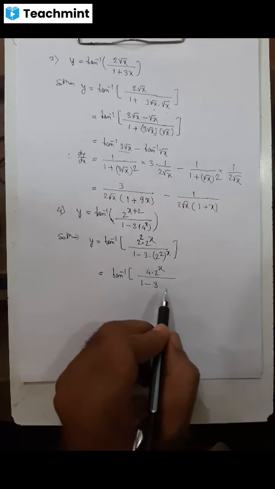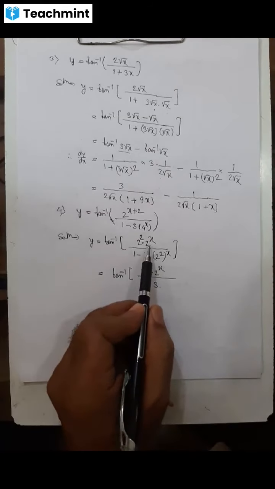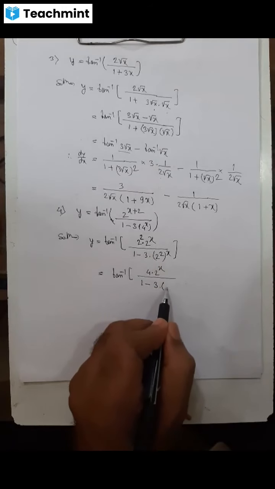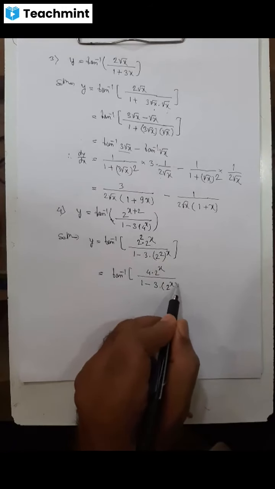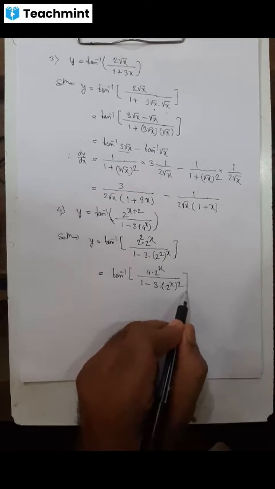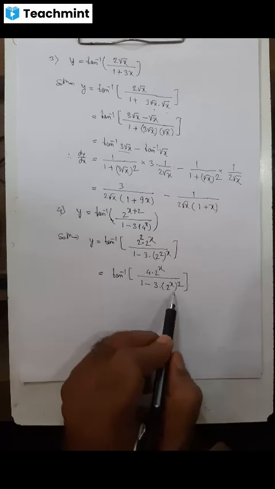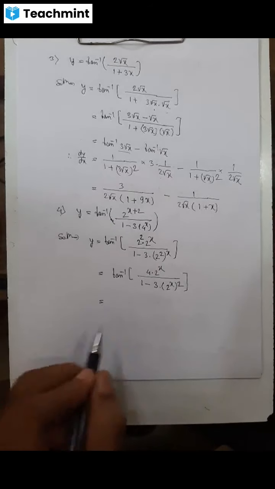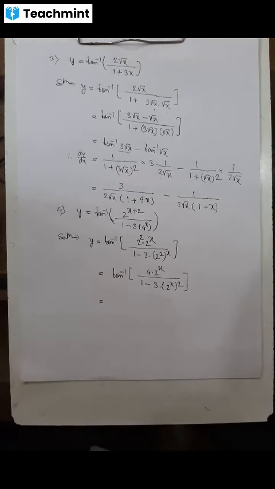In numerator 2 to the power x is there, so we can interchange 2 and x here. We can write it like this, 2 its power x and power 2, one and the same. This 2 and x can be interchanged, right? Then, can we factorize this?